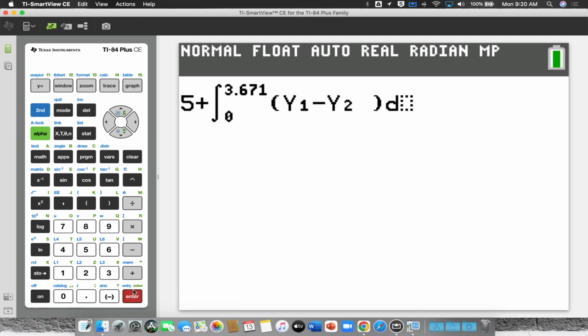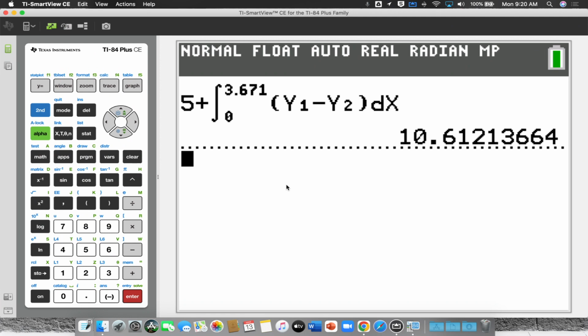It's just a little quicker. dx. So that value will give me 10.612. So when time is equal to 3.671, that's how many liters are in the tank.